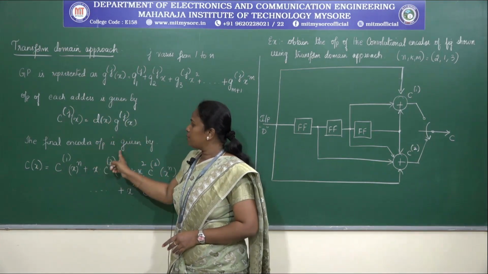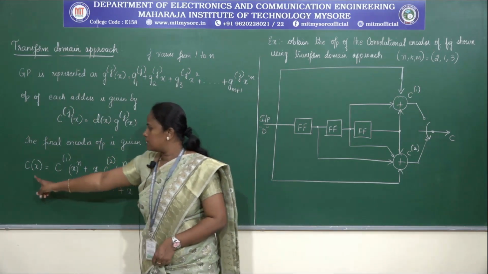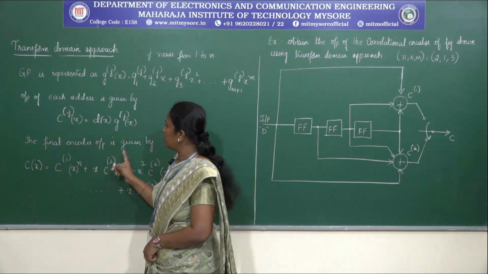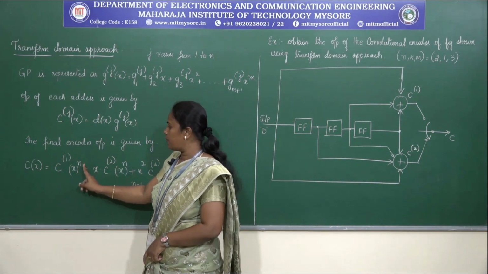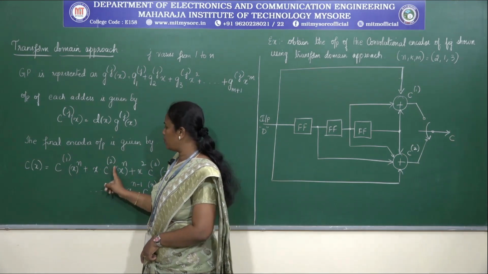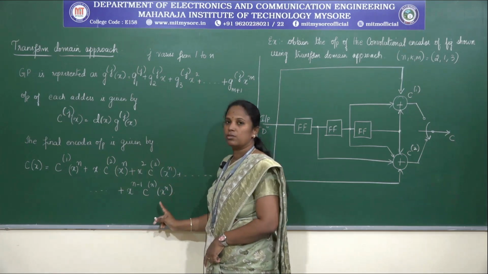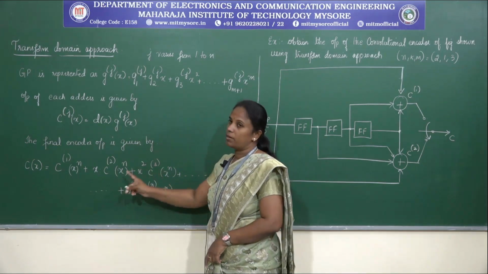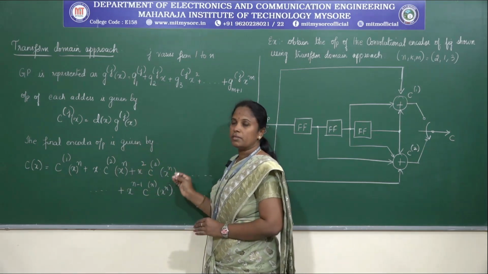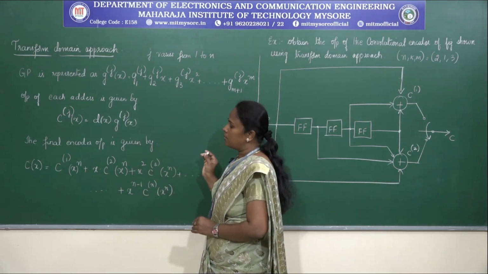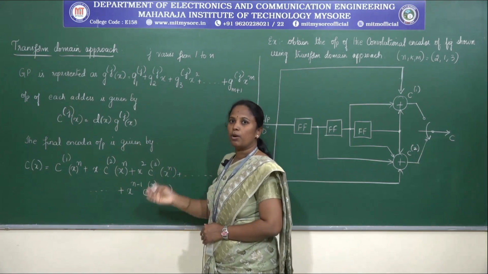Then we find the final output of the encoder, C(x), by considering both adders' outputs, that is C1(x^n) plus x times C2(x^n), plus so on, which depends on how many outputs we have. This is how, in general, we represent the transform domain approach using polynomials.